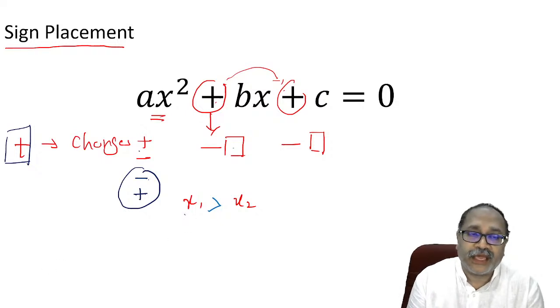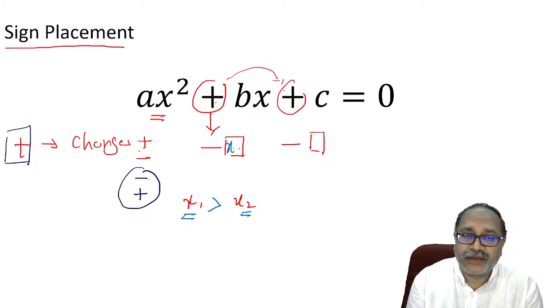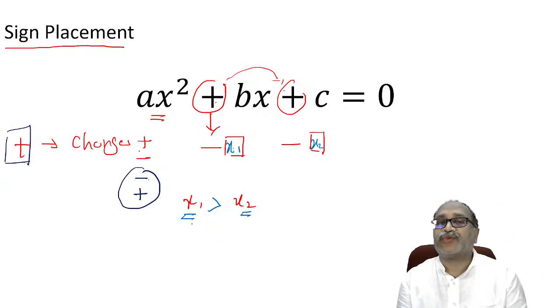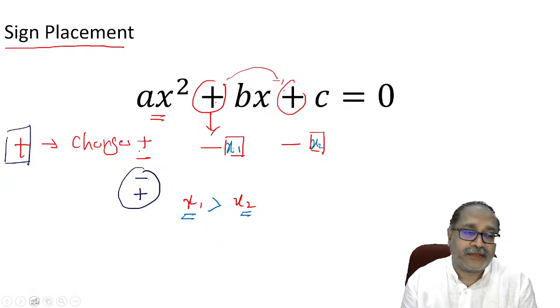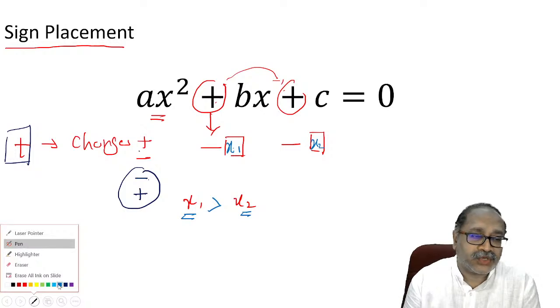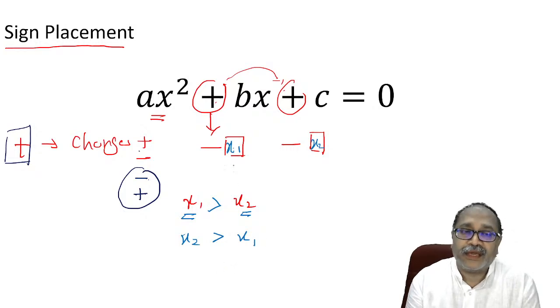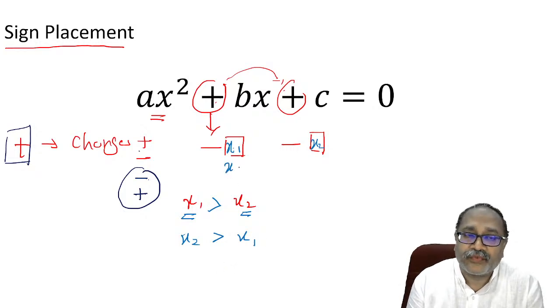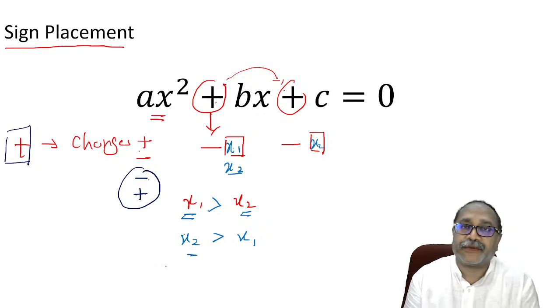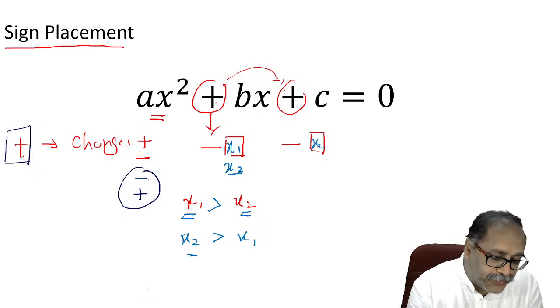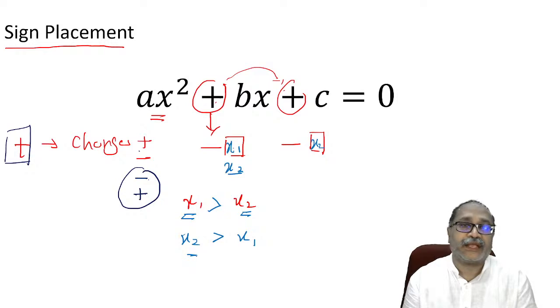For example, if x1 is greater than x2, then x1 will come over here, and then x2 here. And suppose x2 is greater than x1, in that case I will place x2 here, as x2 is greater. Hope all my young friends on the board are understanding this part.